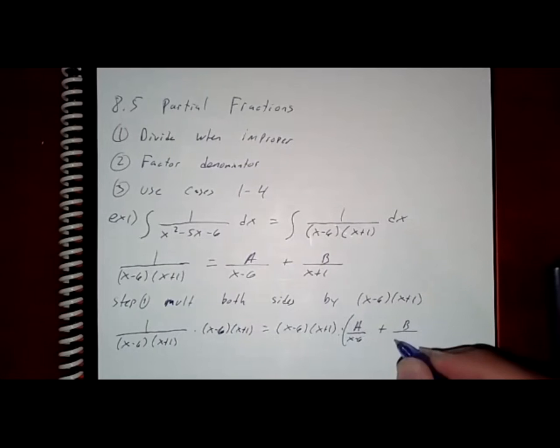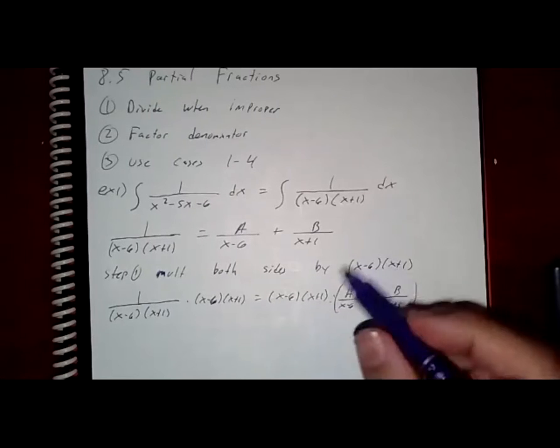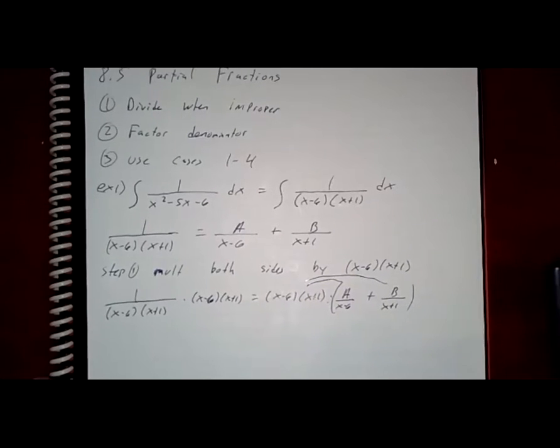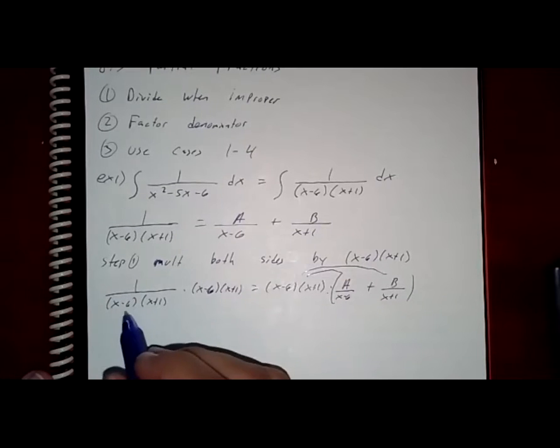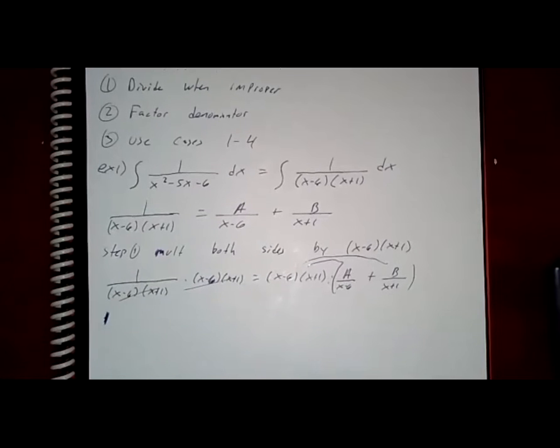You guys cool if I skip a minor algebra step, or I'm going to distribute this on both, right? So you see how these are going to cancel completely. Pretty much every time you do this, you're always going to cancel the left side, leaving you with the numerator.